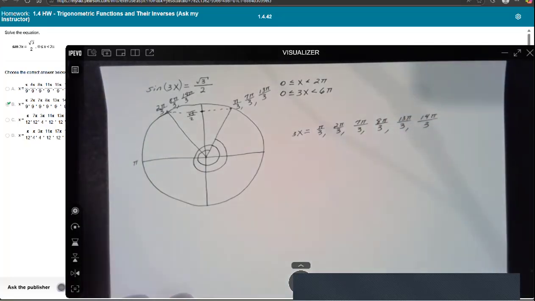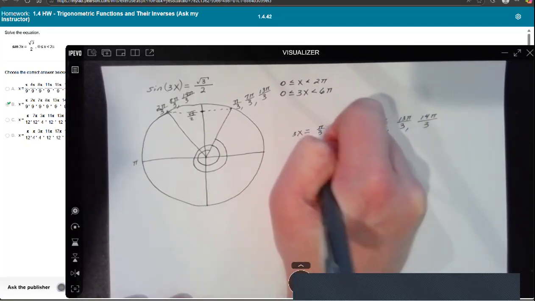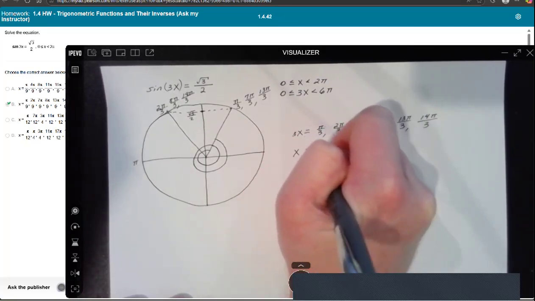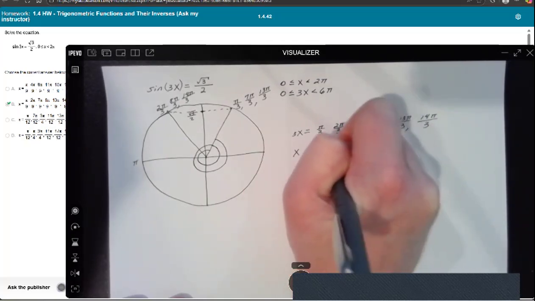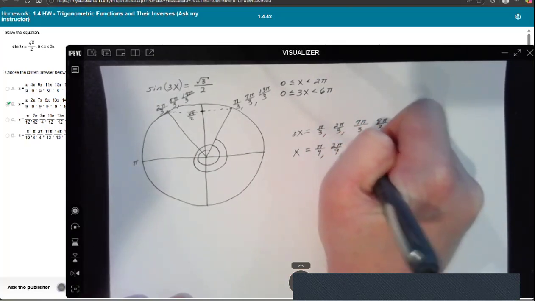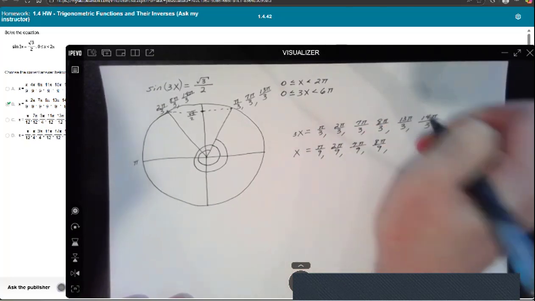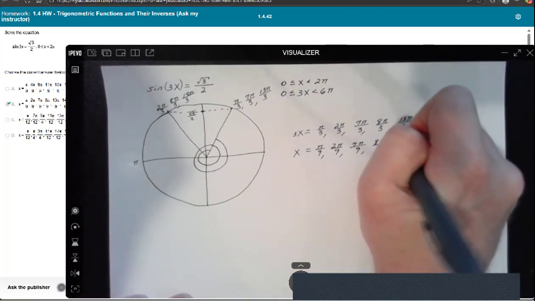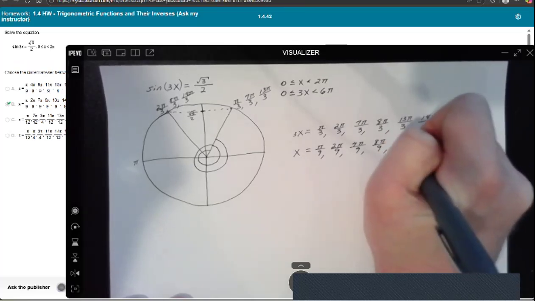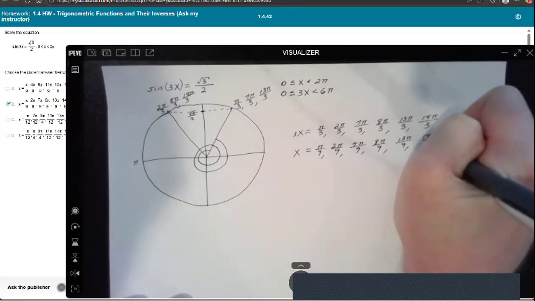So if I get that 3x is equal to all of those angles, then when I divide by 3, x is just going to be pi over 9, 2 pi over 9, 7 pi over 9, 8 pi over 9. None of these are simplifying any, since none are multiples of 3 in the numerator. 13 pi over 9, and finally 14 pi over 9. That should be the final answer.